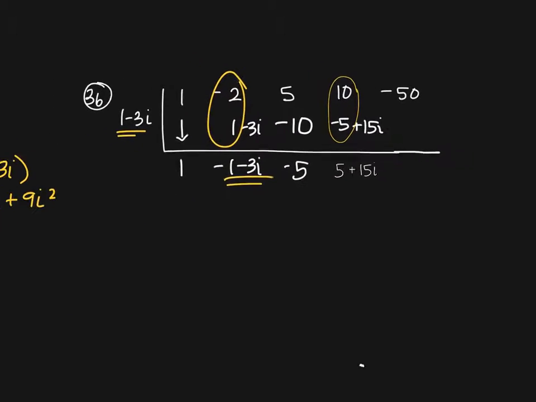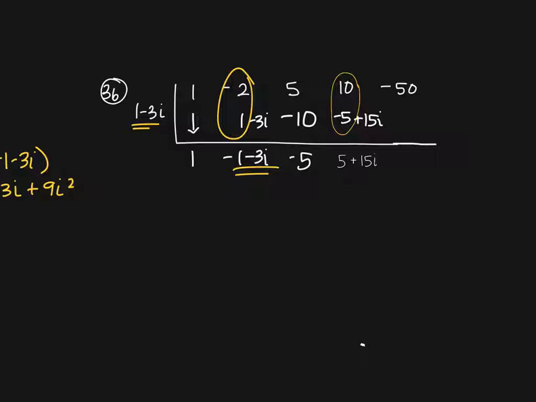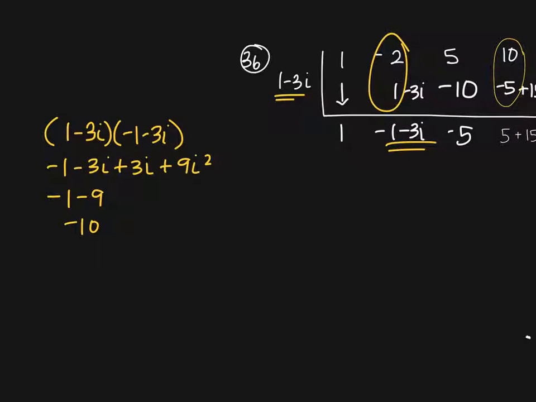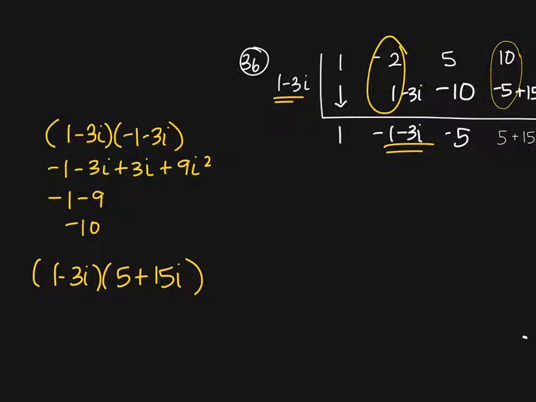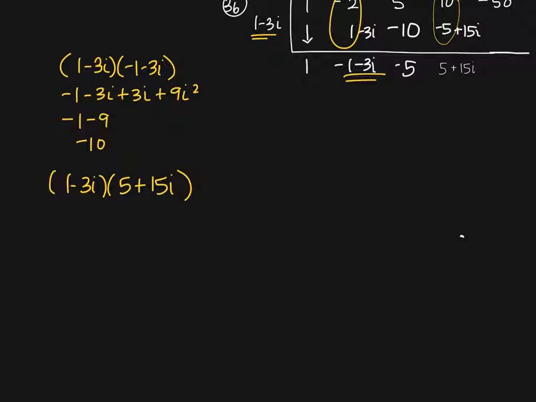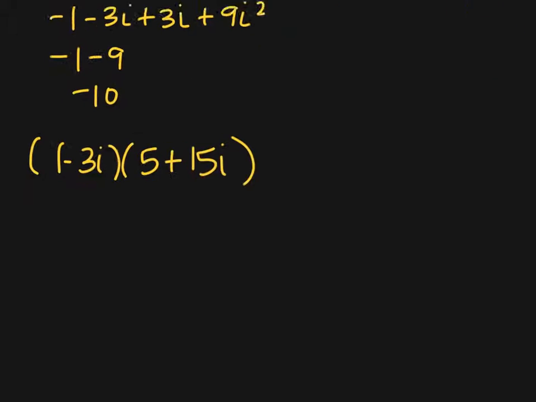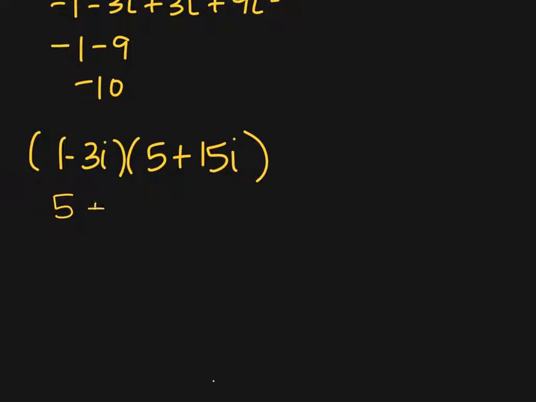Okay, and what do I do with that? 5 plus 15i. Okay, so I'm going to slide my work over, and do my FOIL out on the other side over here. So I have 1 minus 3i FOILed with 5 plus 15i. Okay, all right, so what do I get? 5, 15i, negative 15i, minus 45i squared.